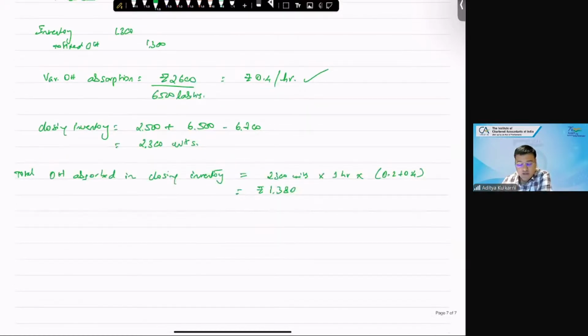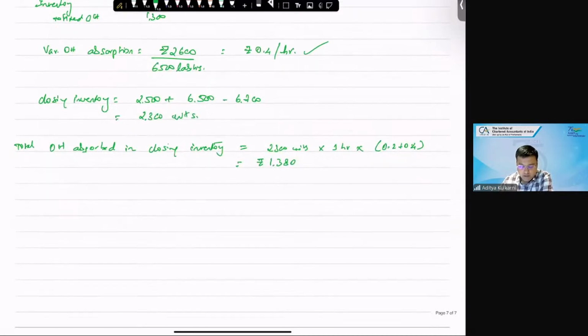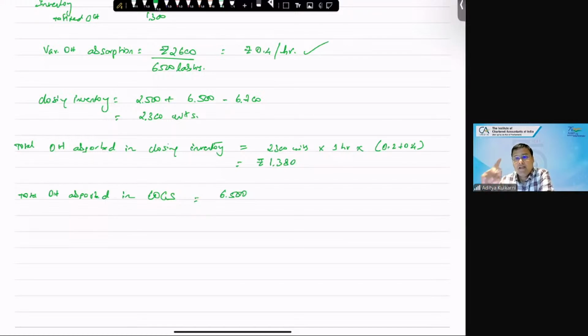Yes. So this is the total overheads absorbed in the closing inventory. Now, total overheads absorbed in COGS, cost of goods sold, is equal to, now this is overheads absorbed, that is why I am taking 6,500. Otherwise, unit sold is 6,700, which is out of 200 from the opening, right?